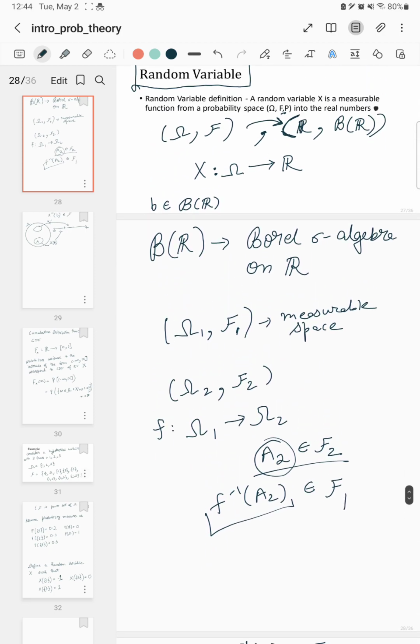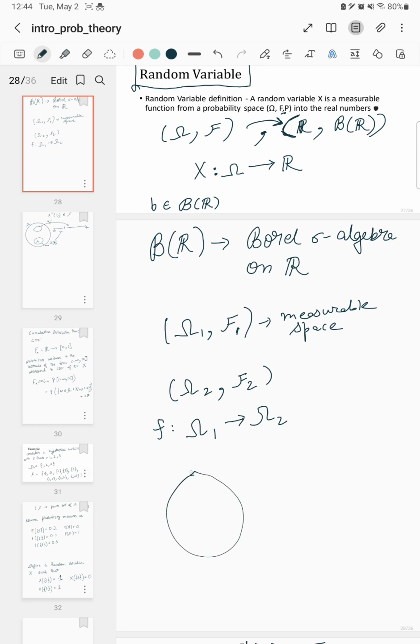To see this pictorially, we can denote omega 1 sample space as this and omega 2 sample space as this. This is the direction of the function f, which is a measurable function, and this is the direction of the mapping of the inverse of this function, where we'll take the pre-image of it.